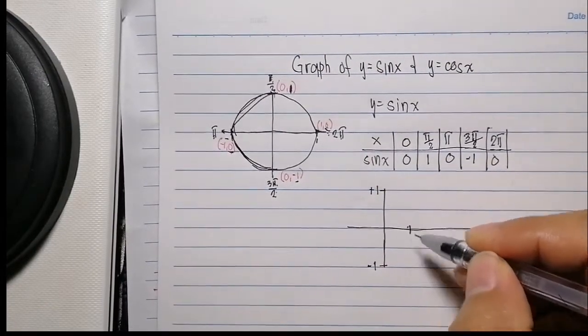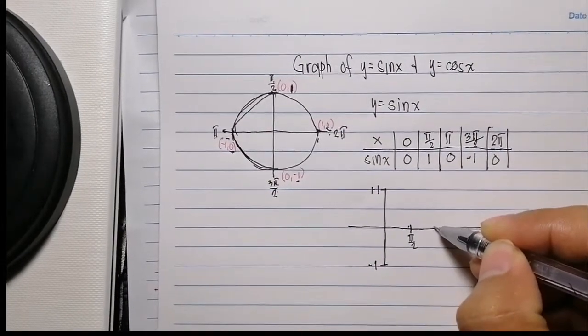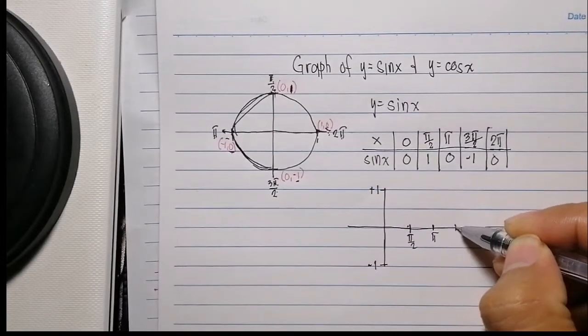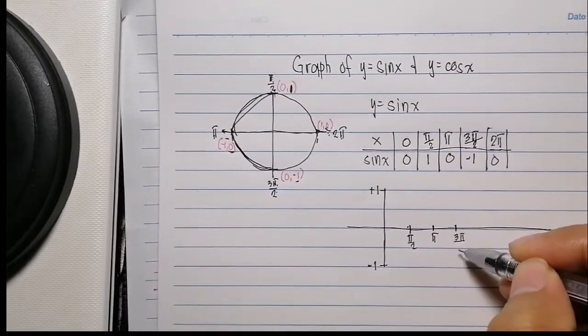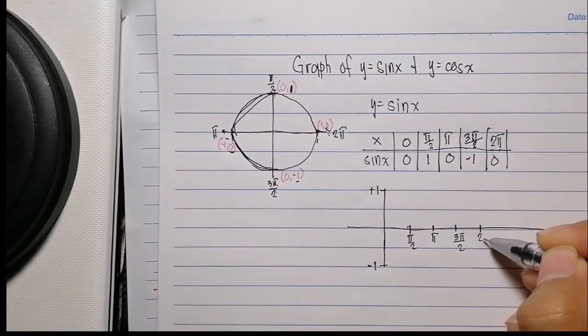So this is our pi over 2. This one is our pi. This is 3 pi over 2, and this one is our 2 pi.